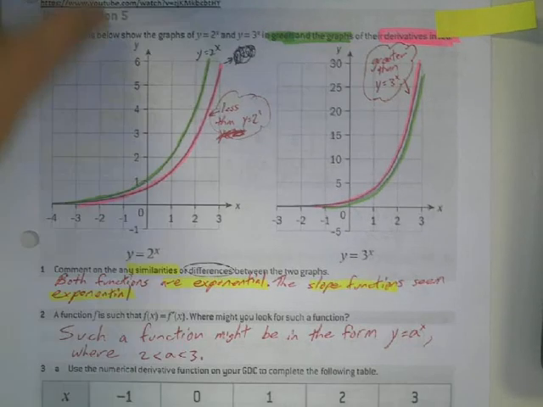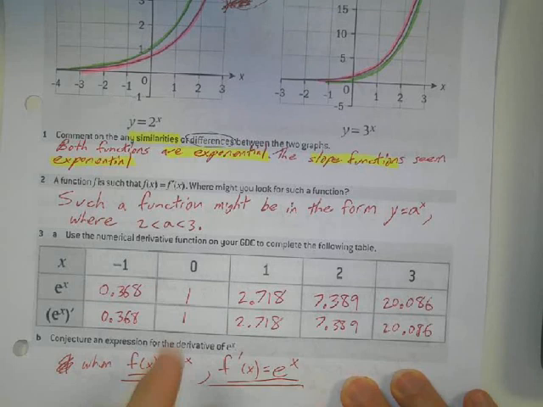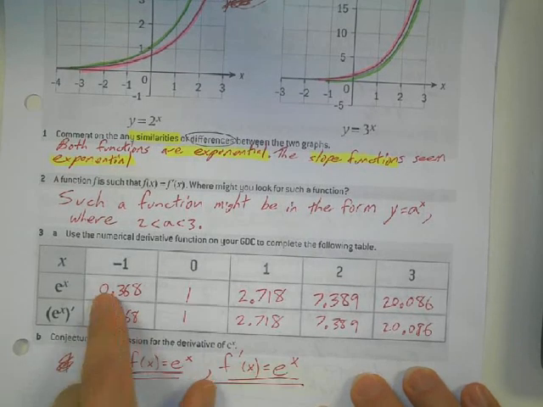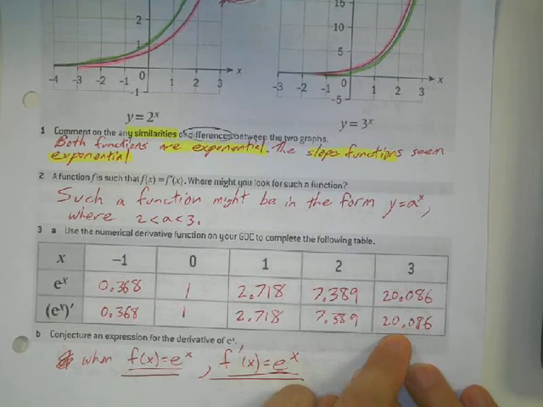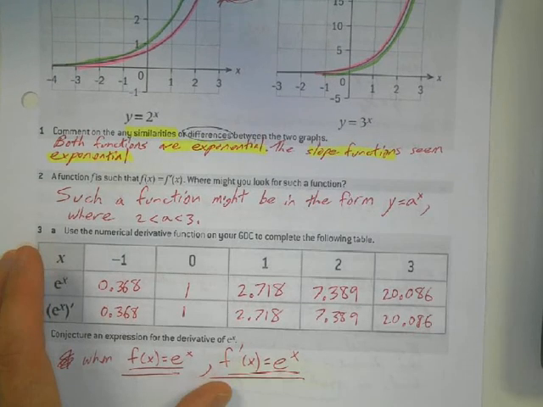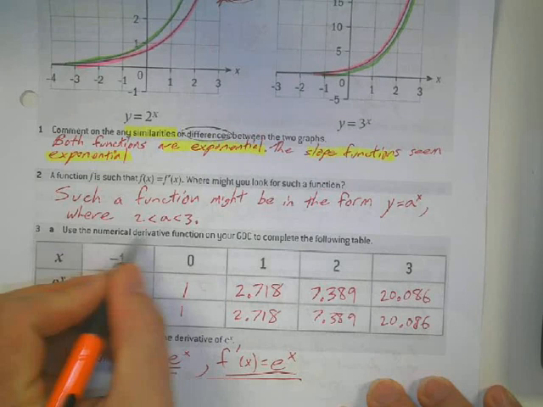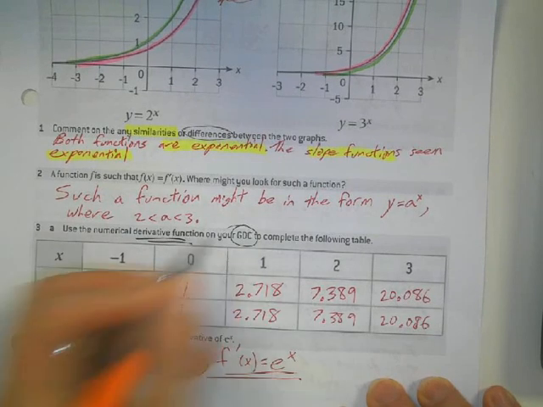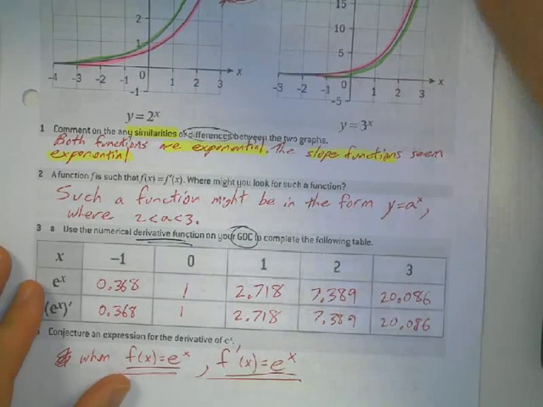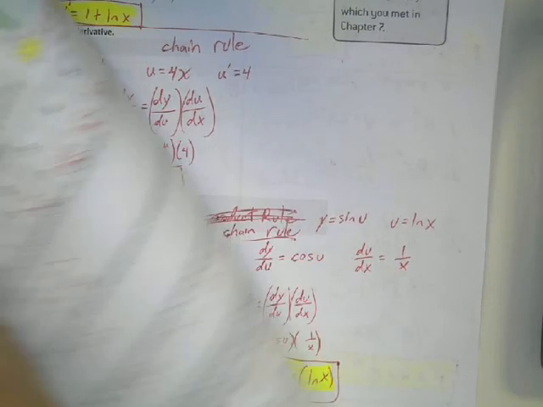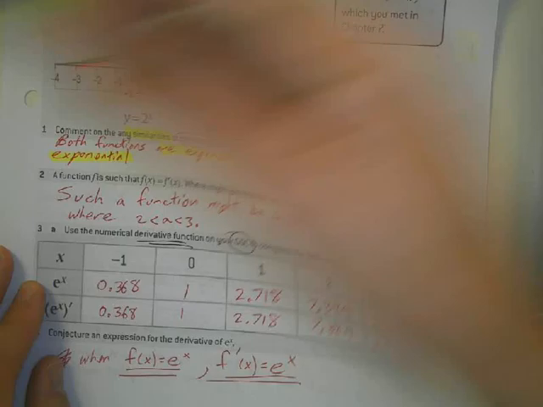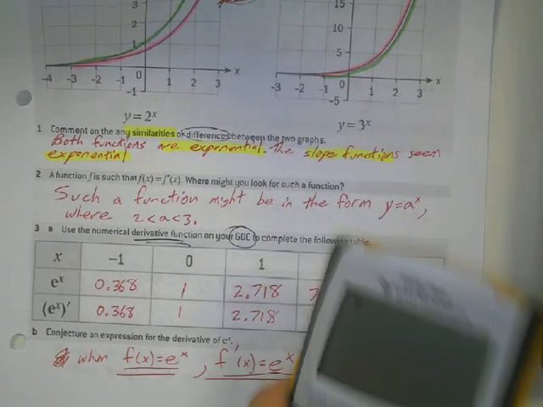you're going to find that if I take the derivative of e to the x, then we're going to get values that are the same here. So using the derivative function on your calculator, I have notes on that on the next page, so you can copy down those notes in a second.